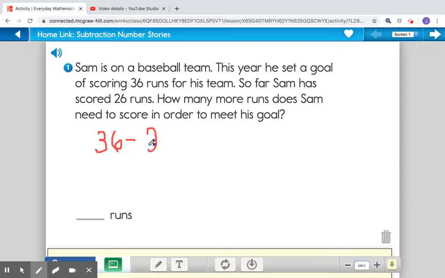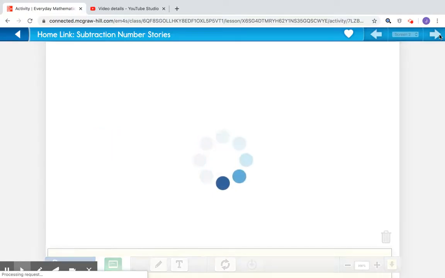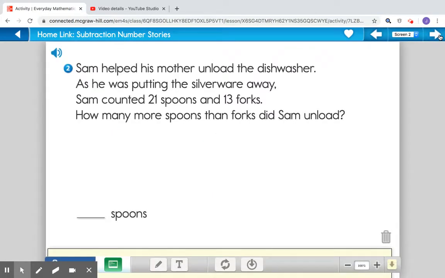So we know that already he has scored 26 runs. We want to know how many more does he need to meet his goal. And you're going to work this problem out. You can use your number grid or you can draw it out for yourselves. And you're going to put your answer in the box. Then when you're done, you're going to hit the arrow button and go on to number 2.